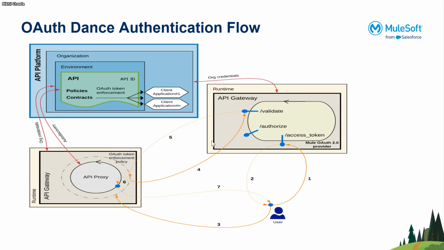I'll just briefly tell what OAuth is and how it is used. Basically, OAuth is both an authentication and authorization pattern. It is a more enhanced layer of authentication and authorization apart from what we already use and know, like basic auth and other things.